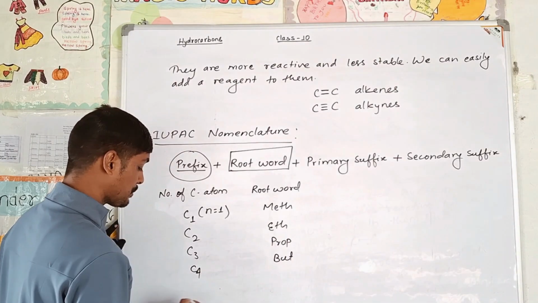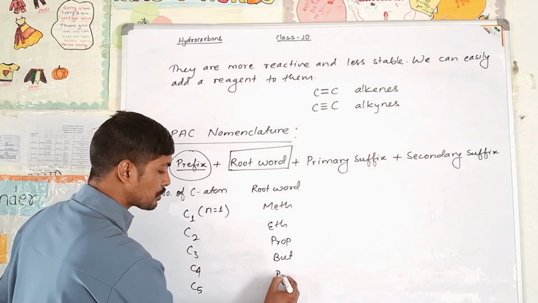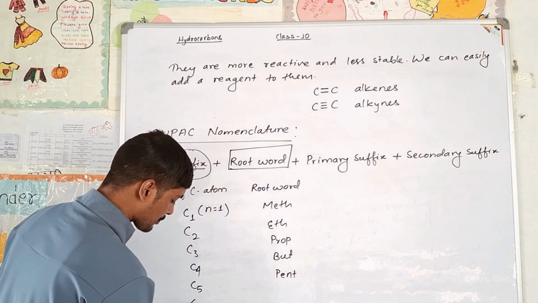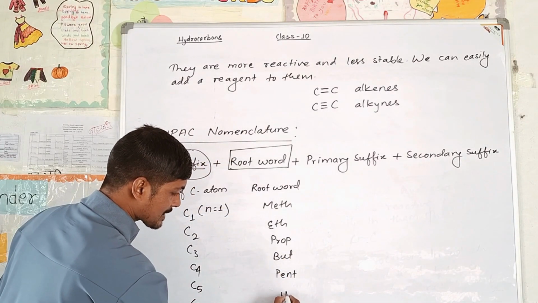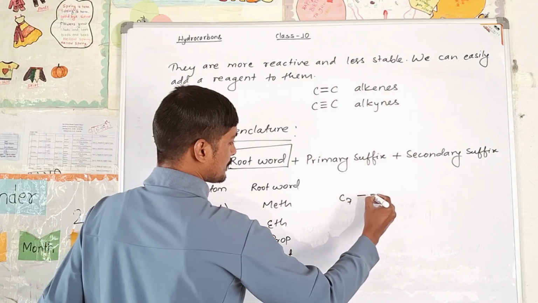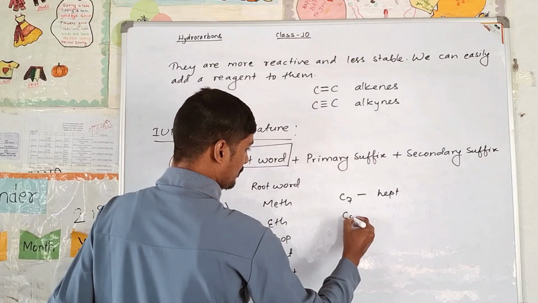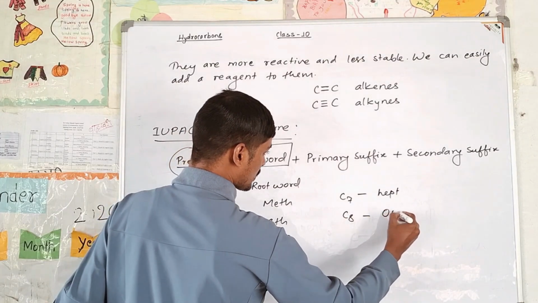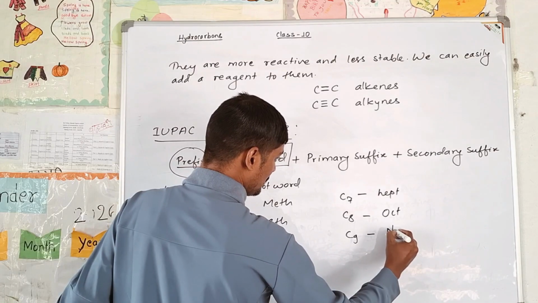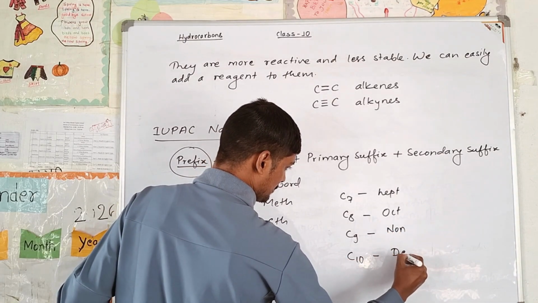C5 means 5 carbons, root word pent. 6 carbons, root word hex. 7 carbons, root word hept. 8 carbons, root word oct. 9 carbons, root word non. 10 carbons, root word dec.